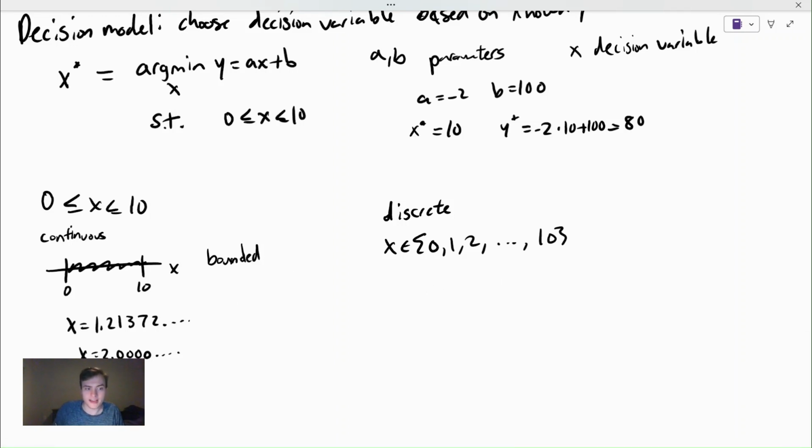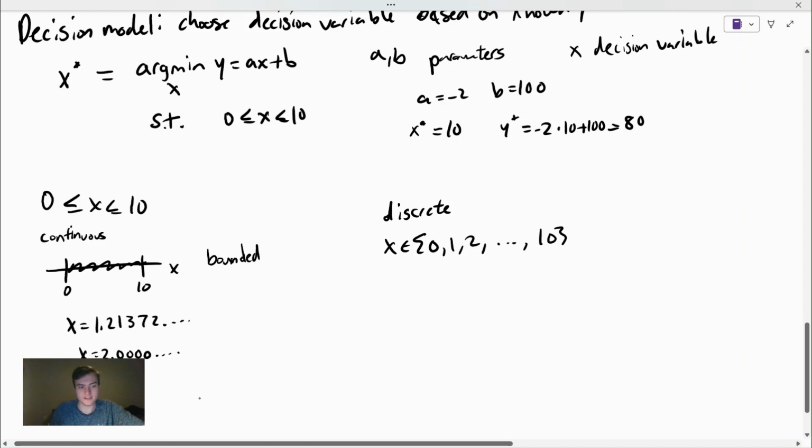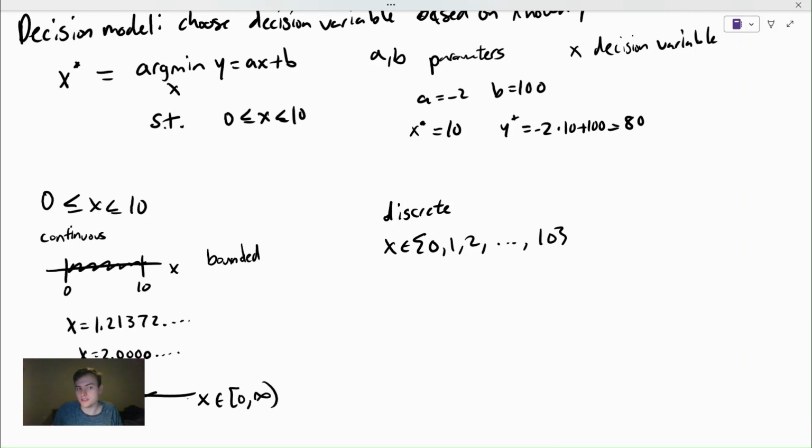And we can also have unbounded variables. In the continuous case, that's pretty simple. We would say x is between 0 and infinity, so it's just any positive value. We could write x as being any positive integer as well, an unbounded discrete variable.